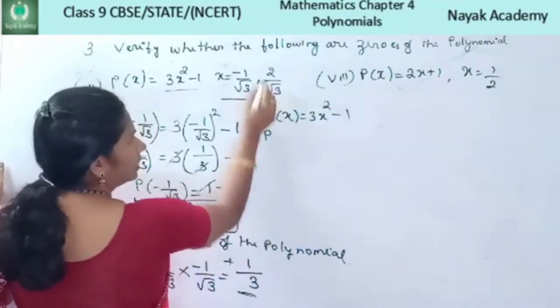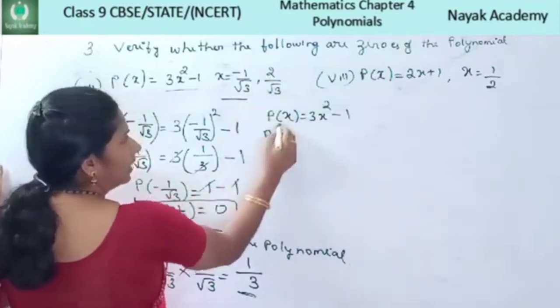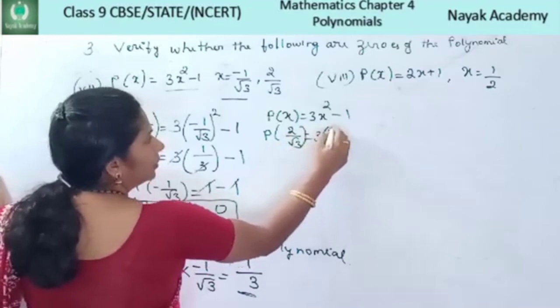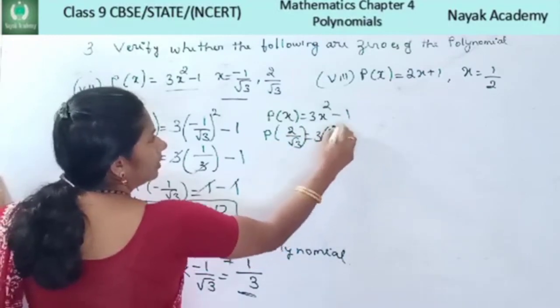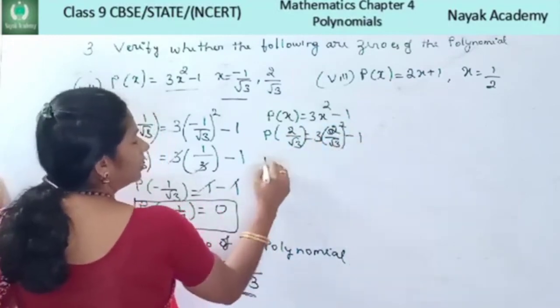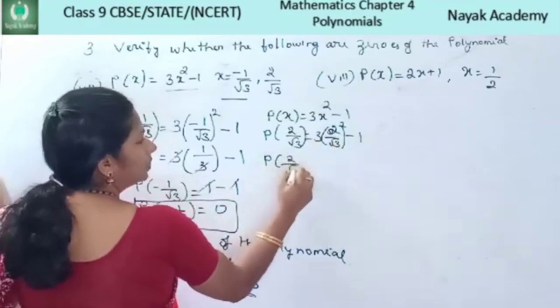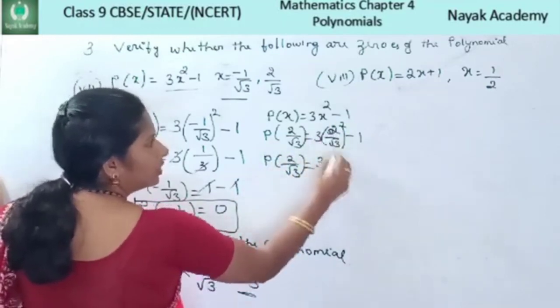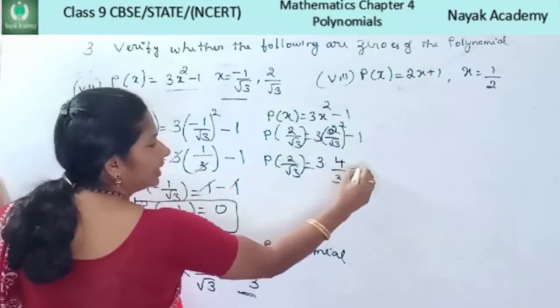Now we have to substitute the value of x as 2 by root 3. Equal to 3 into 2 by root 3 whole square minus 1. So p of 2 by root 3 equal to 3 into 2 square is 4, root 3 square is 3, minus 1.